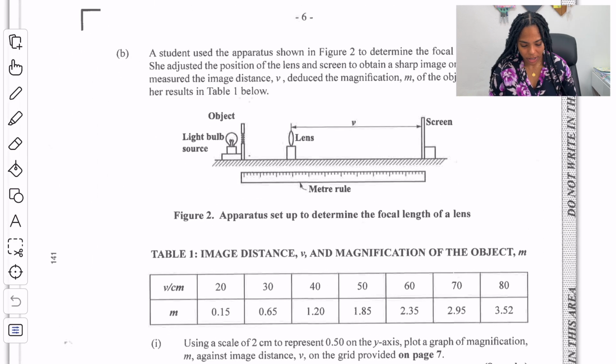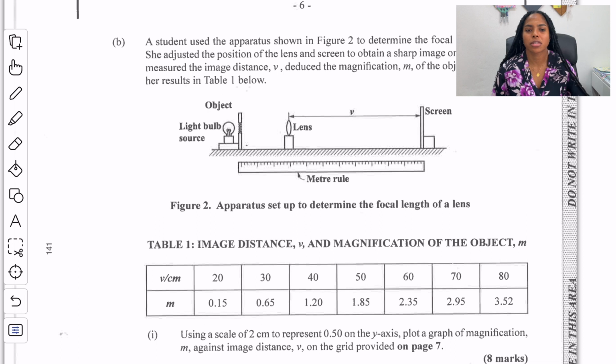Now for the graph part. A student used the apparatus shown in figure 2 to determine the focal length of a lens. She adjusted the position of the lens and screen to form a sharp image on the screen. She measured the distance V, deduced the magnification of the object, and recorded her results in table 1 below.